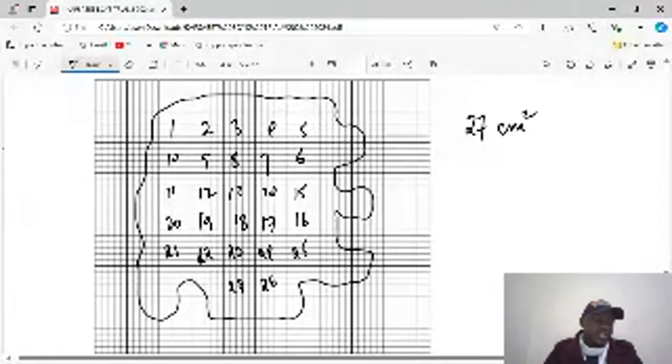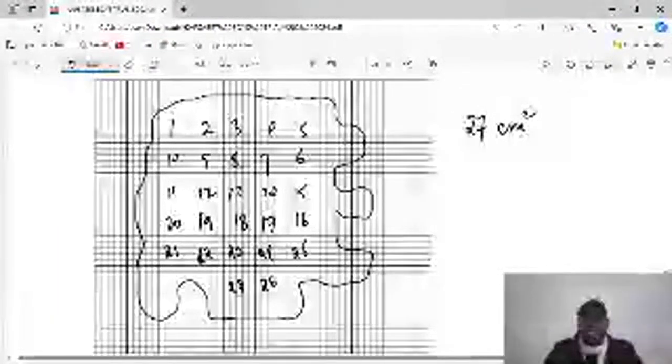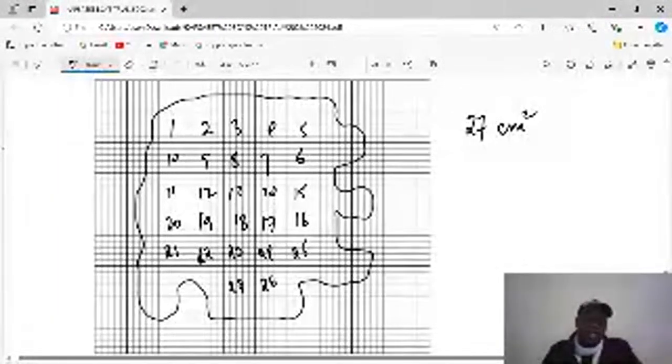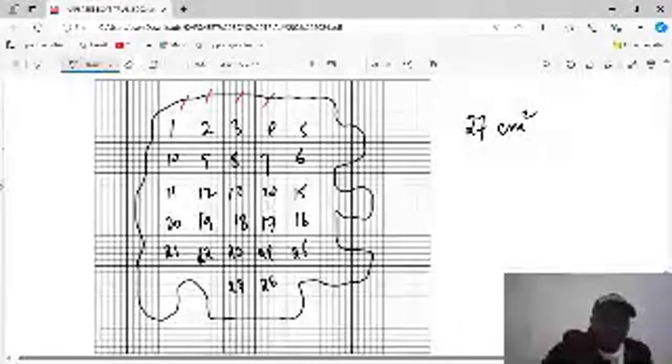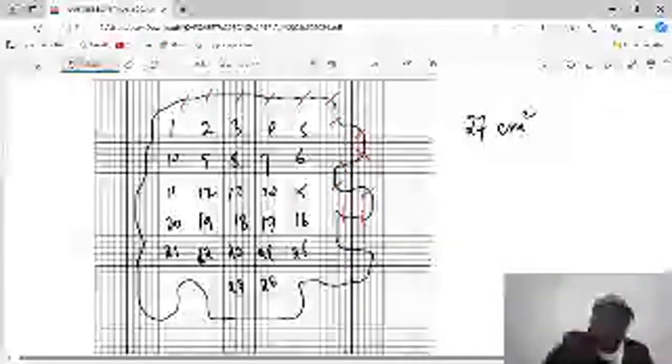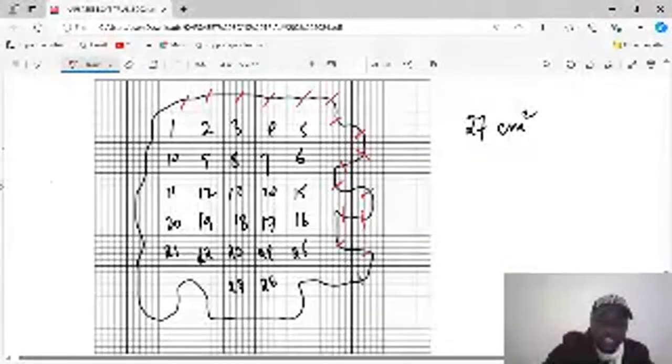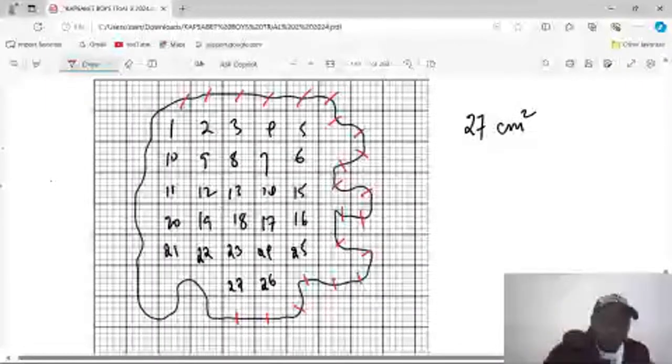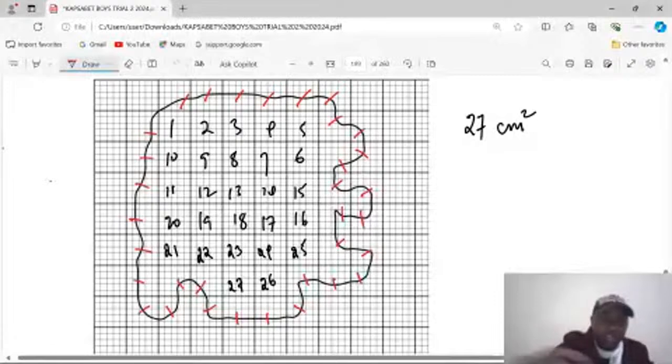27 complete squares. Then now I count the squares which have been occupied partially. So I can have these ones counted from 1 up to 33.